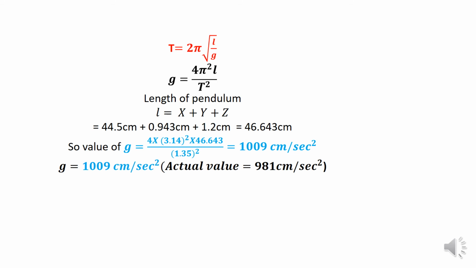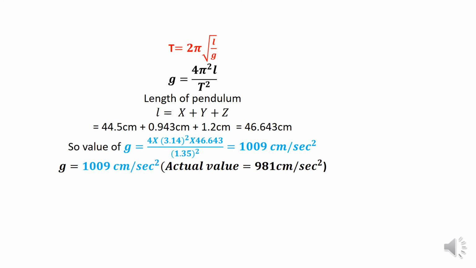That's why if you square it, it will be T square equals 4 pi square L by G, right? So G will be equal to 4 pi square L by T square. So to calculate the value of G, we have to put the value of L, 4 also, that is constant, pi square is also constant, and the value of time. The length we have already measured, the time period we have already measured.